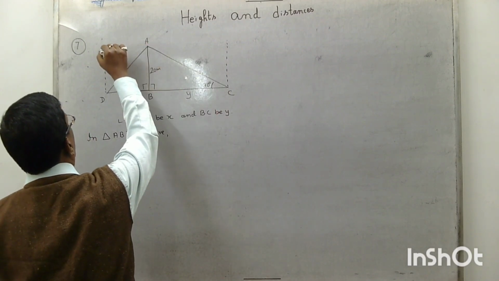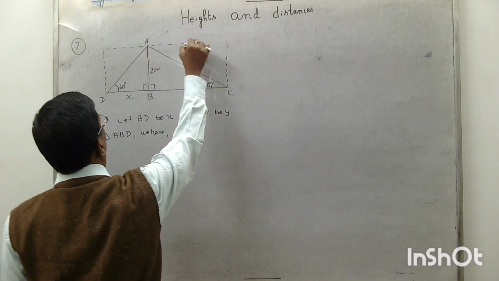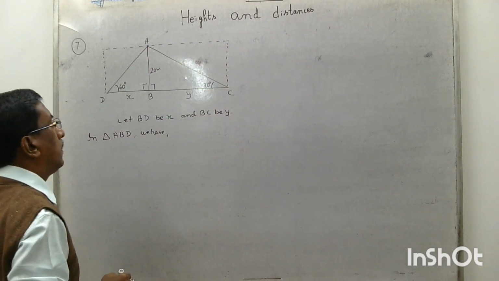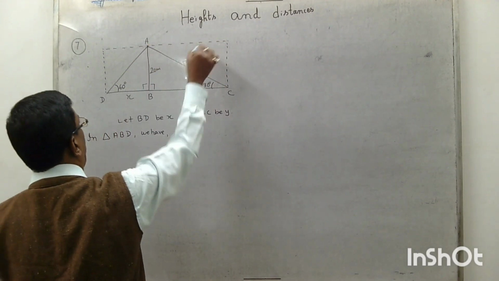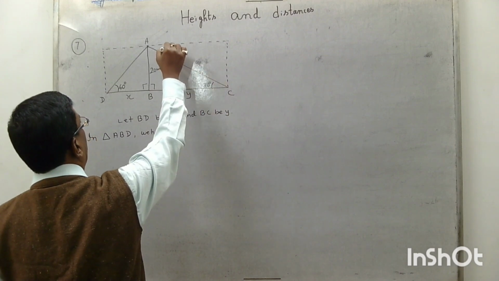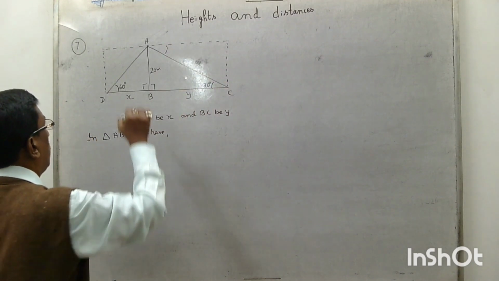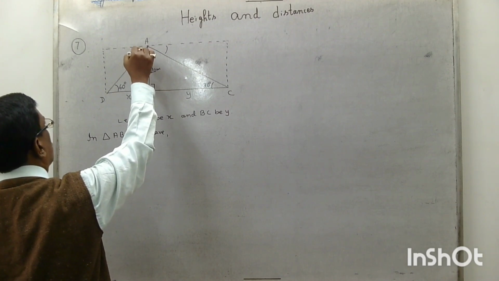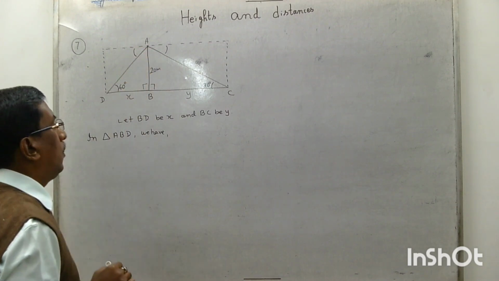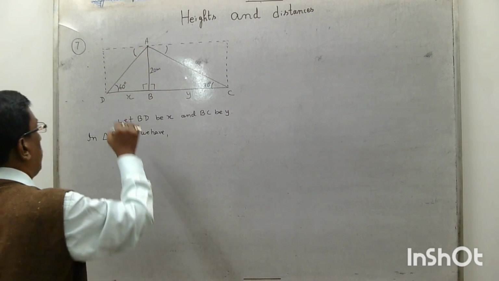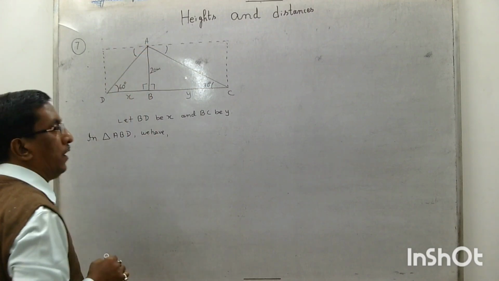I must draw a line passing through this point A, hypothetical line. Now this line is parallel to this portion and this angle is equal to this angle, alternate interior angles. Similarly, this angle is angle of depression, so this angle must be equal to this angle, alternate interior angles, because I have assumed this line and this line are parallel to each other.